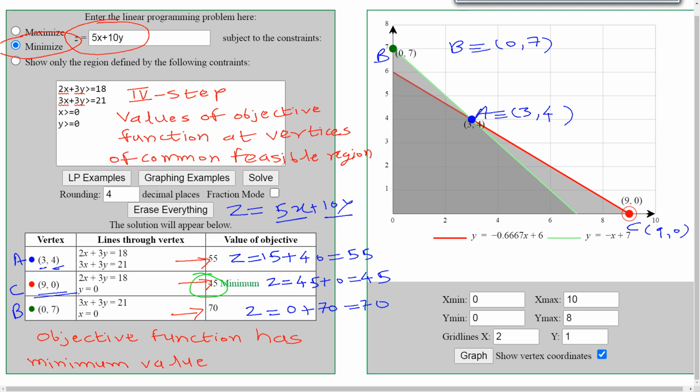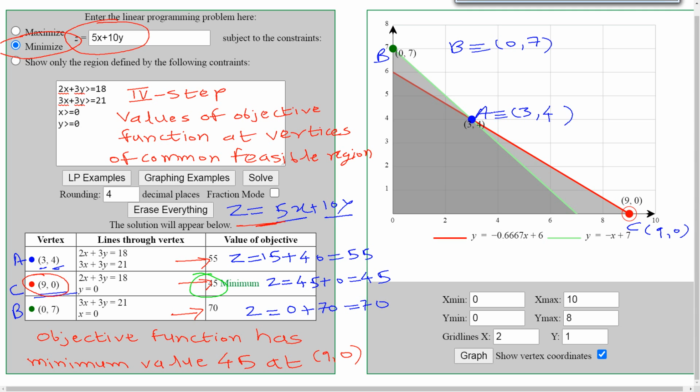Z is equal to 5x plus 10y. This objective function has minimum value 45. At which point? It has minimum value at point (9, 0). So the final answer is the objective function has minimum value 45 at point (9, 0).